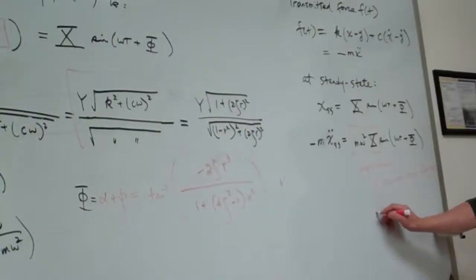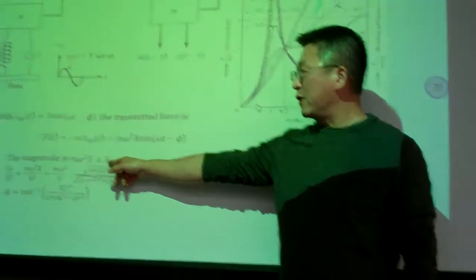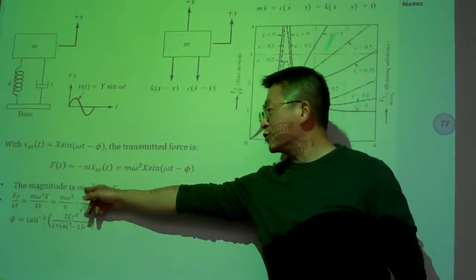Okay, and in our textbook, they use F sub capital T, so it is defined here. We define the magnitude as F_T, and that is this term.